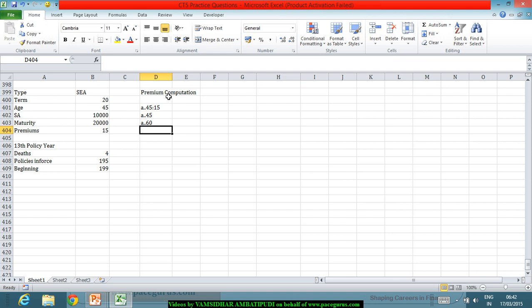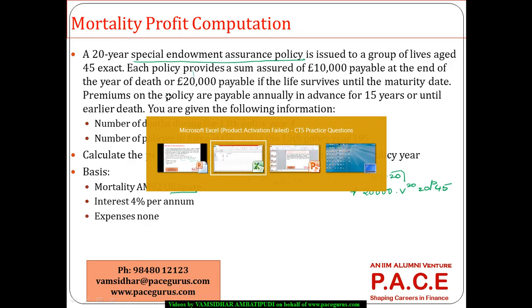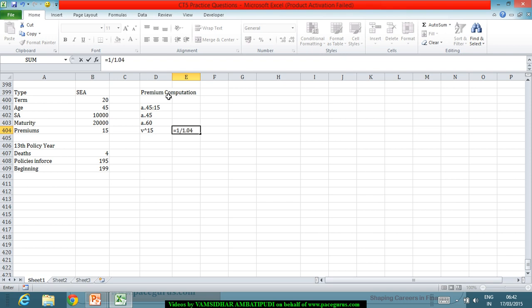Then I require v^15, which is 1 by 1.04 to the power 15, then L60 and L45. All these I can take from the AM92 ultimate tables.